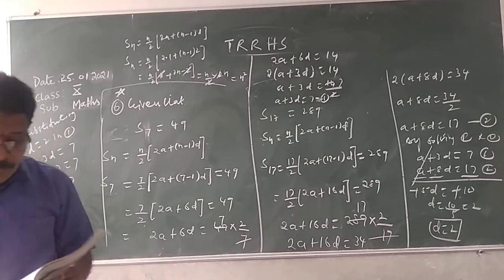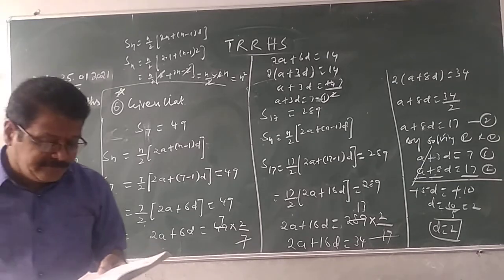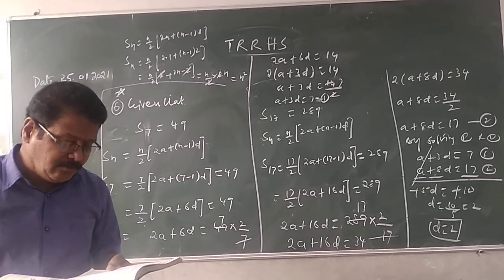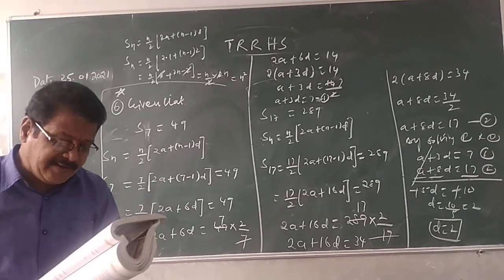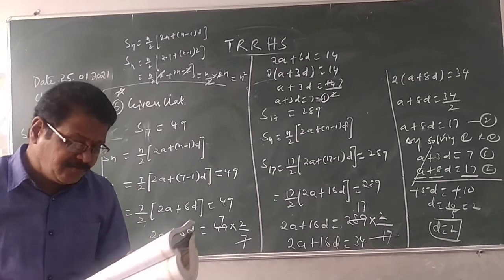Okay, so now the seventh problem. Show that A1, A2, A3, A4, An form an AP where An is defined as 3 plus 4n.